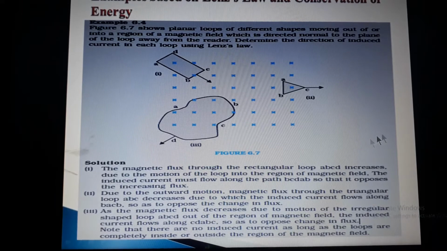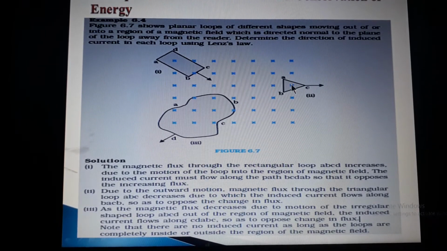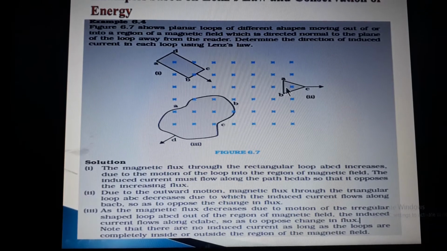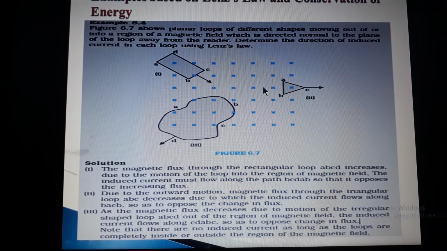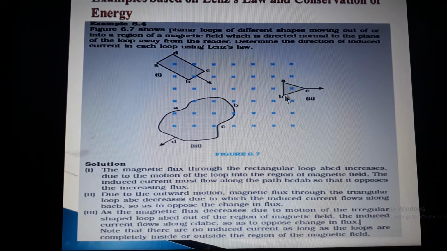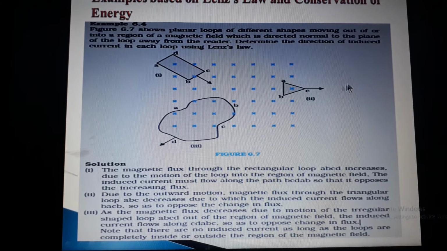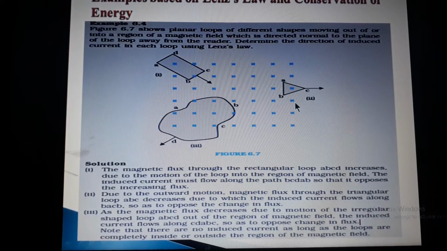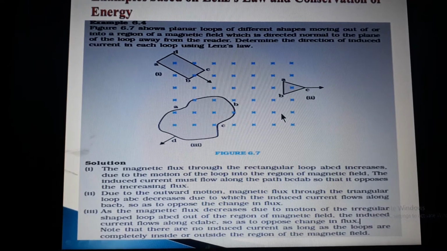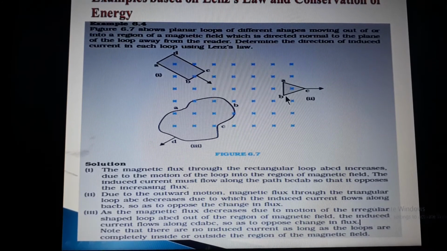Then just see the second figure. Here the loop is coming away from this magnetic field. At that time, the number of magnetic field lines which interact with this coil is decreased, so current flows in the clockwise direction.